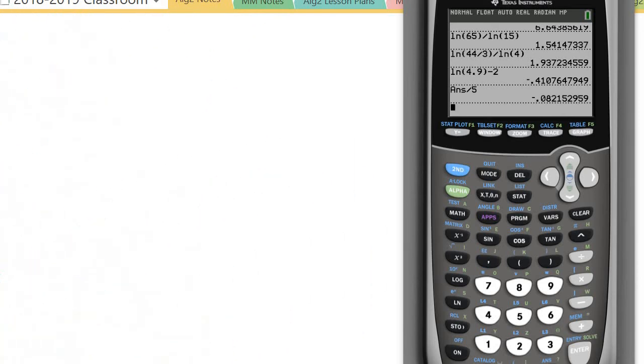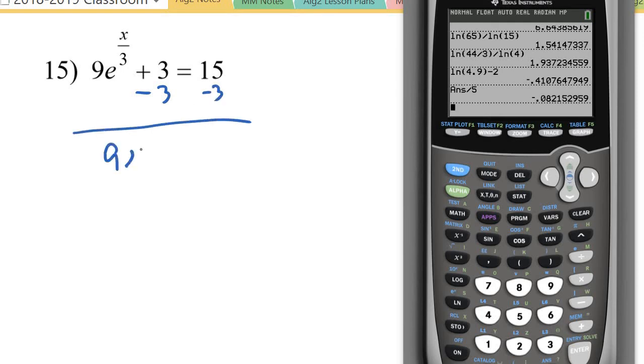Okay, this might be another one that might be interesting for you to tackle. Look at it over here. We have the same process. So we subtract 3 from both sides. All right, and then you get 9 e to the power of x over 3 equals 12.